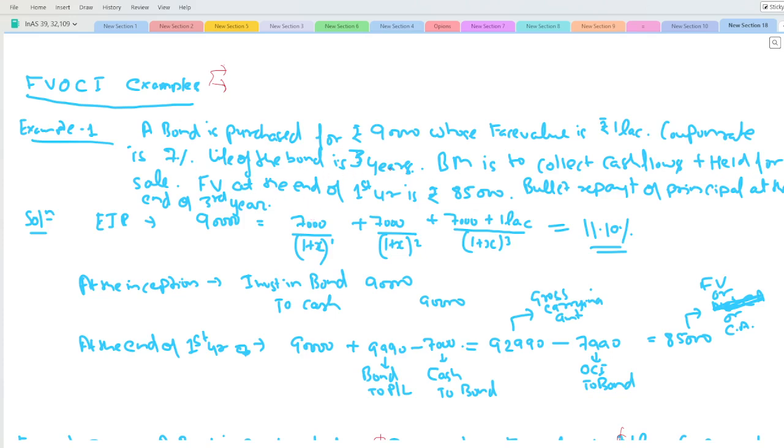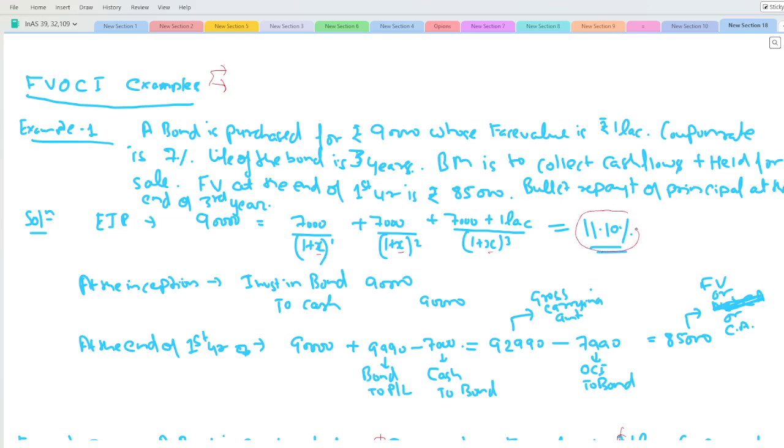Because it's a 3 year bond, 1 lakh into 7% is 7,000. So 7,000 for the first year, second year, third year, plus the principal you will be getting, and this X will be your effective interest rate. I am presuming that you know how to calculate the effective interest rate from the AFM class. So your effective interest rate is coming 11.10.